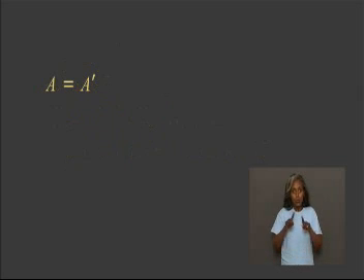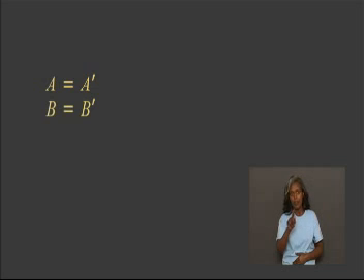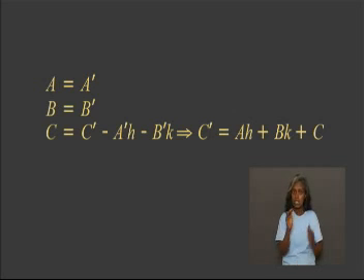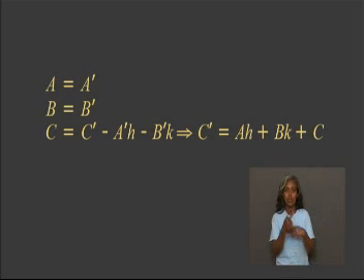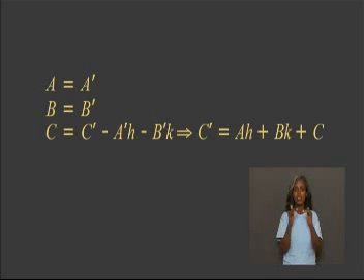When we translate this into the original coordinate system, we find that A equals A prime, B equals B prime, and C equals C prime minus A prime H minus B prime K. So, C prime equals AH plus BK plus C.